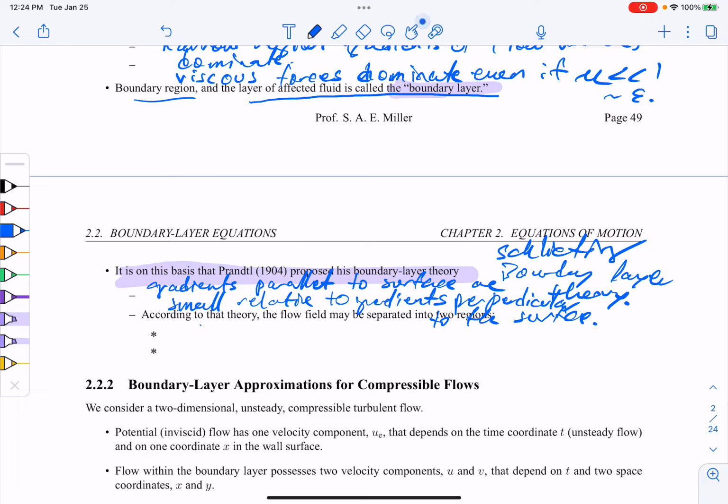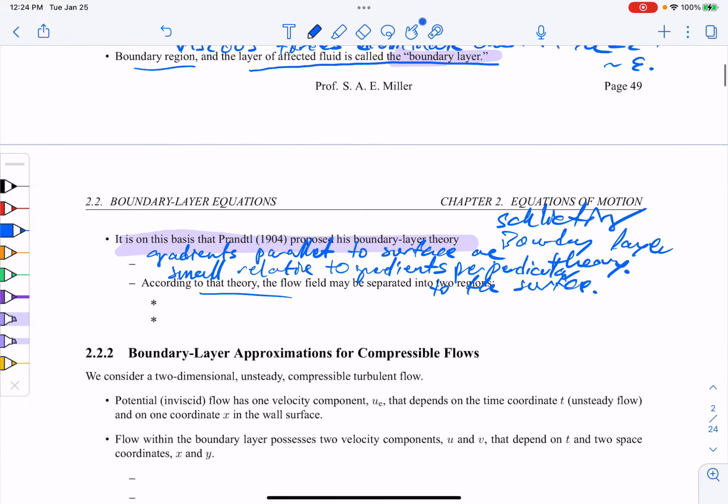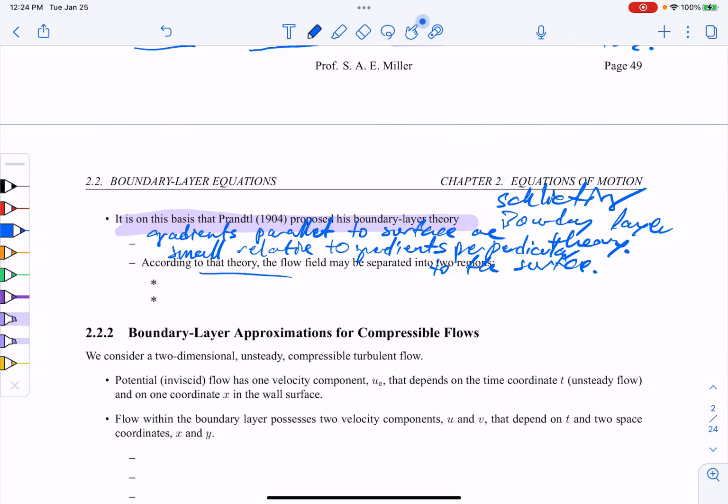And in Prandtl's theory, which is basically still canon boundary layer theory today, there's two regions of these flows. There's the large region, which is sort of the inviscid flow away from the wall. And of course, there's the boundary region, as he put it.